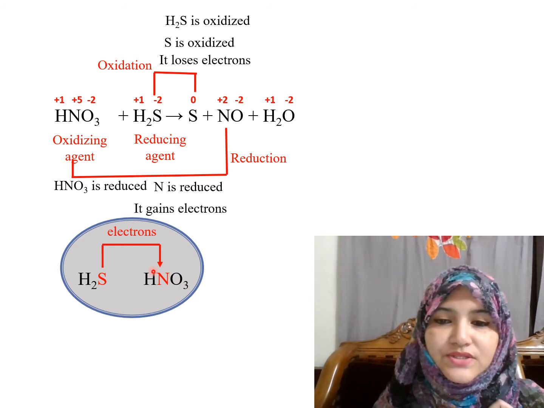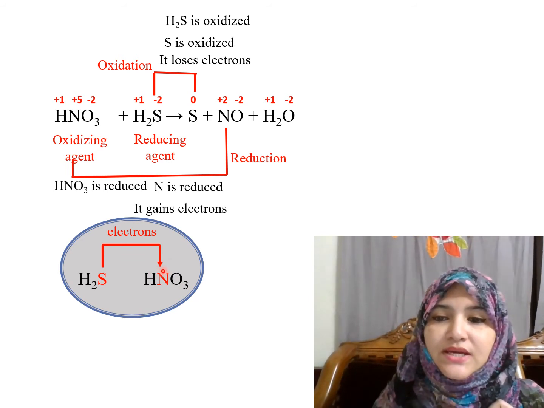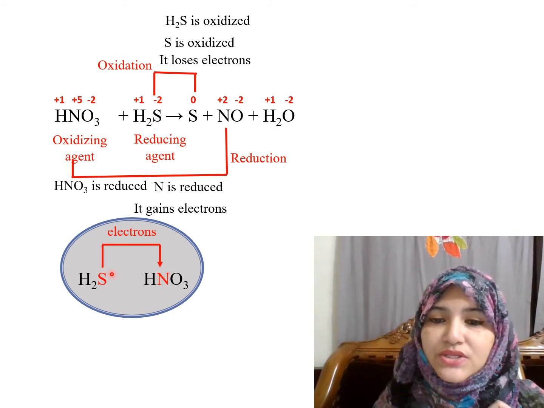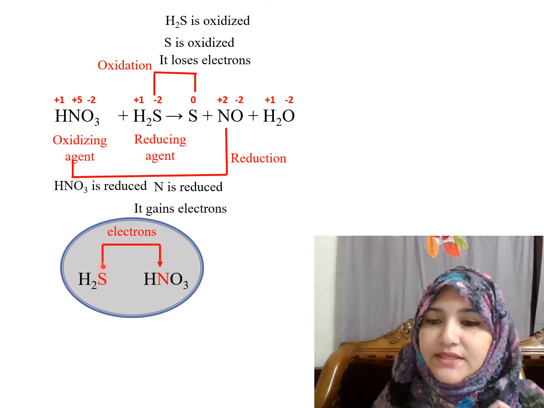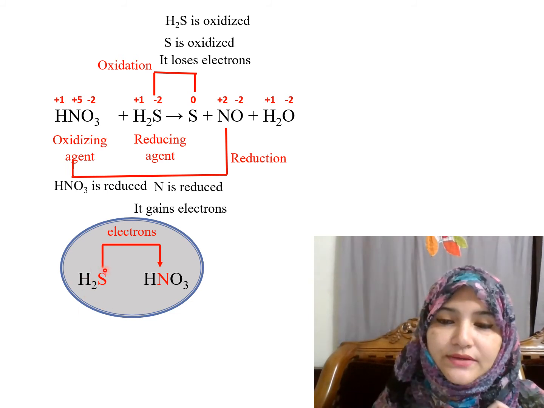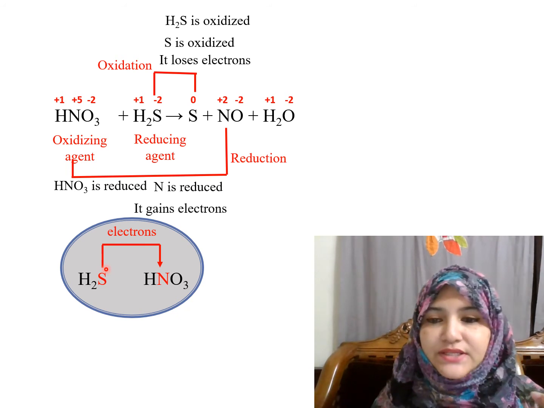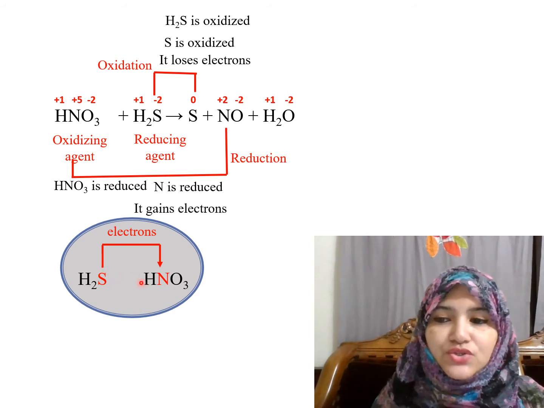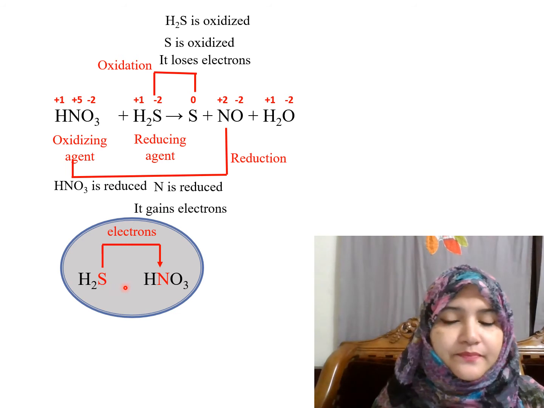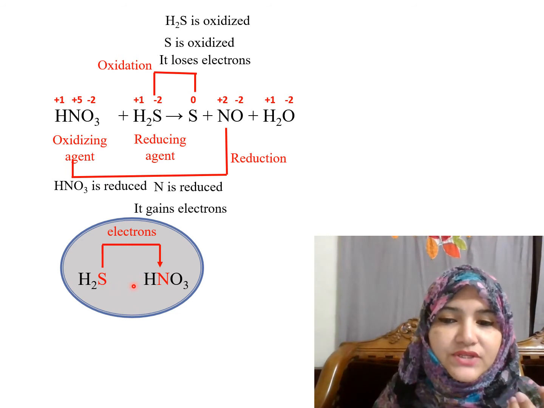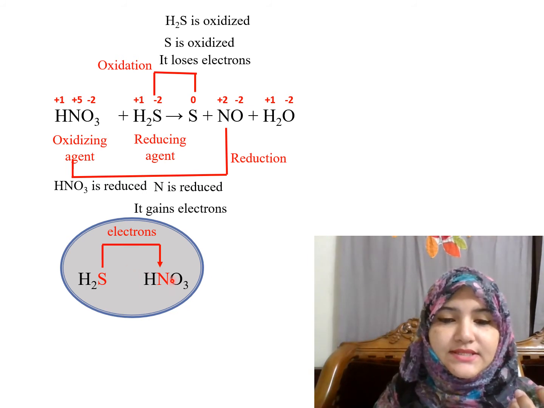And here nitric oxide is reduced, it's taking electrons from hydrogen sulfide, which allows hydrogen sulfide to become oxidized. It allows it to lose those electrons, so that means hydrogen sulfide is making oxidation happen, so nitric acid is the oxidizing agent.